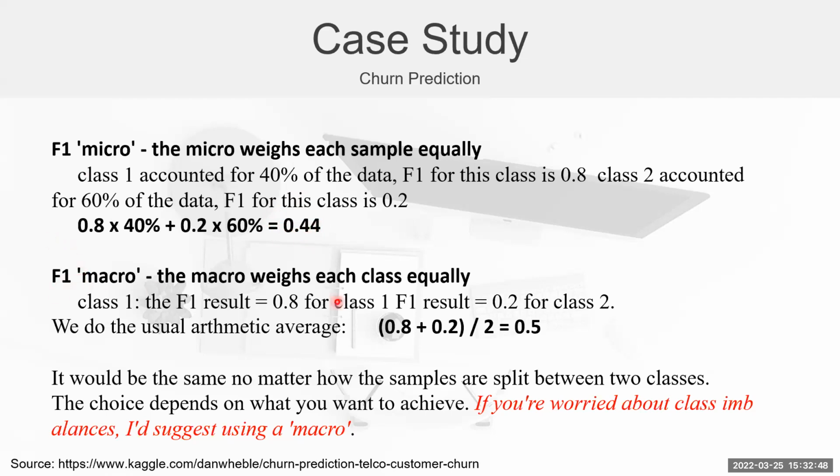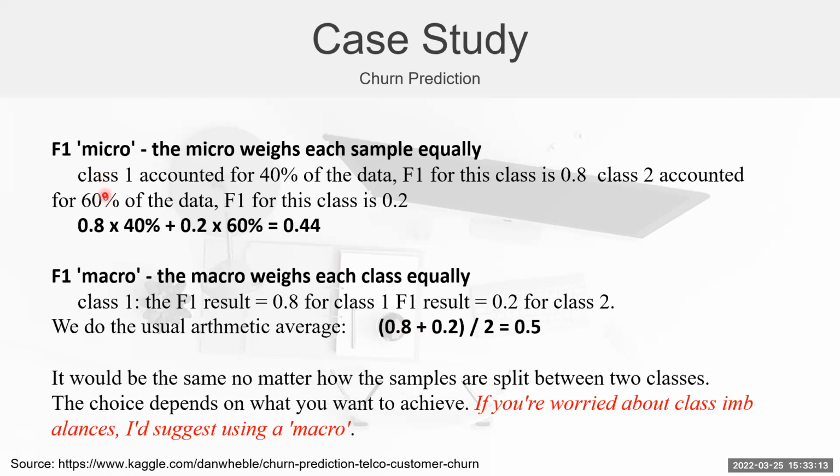For F1 macro, we don't consider the percentage of the data, but only the harmonization between class 1 and class 2, and then divide by the average of the F measure for the 2 classes.